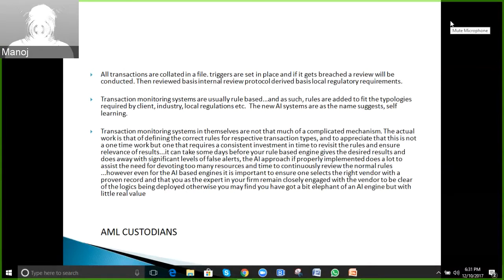So if we see multiple ATM withdrawals in the customer account, the source of funds may not be right. Maybe it is coming from a different individual from a different country.